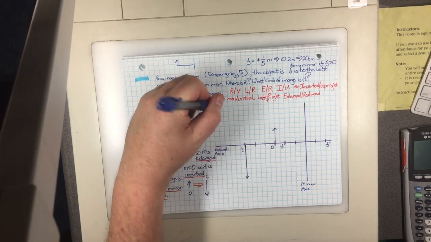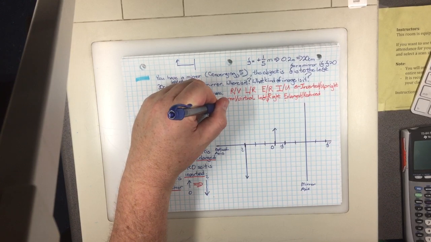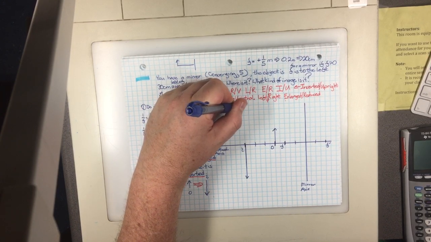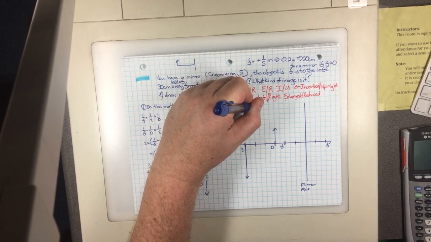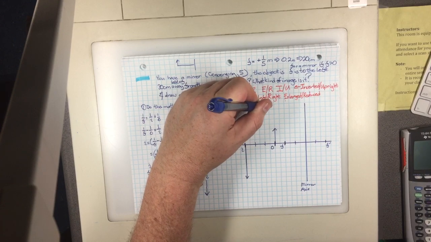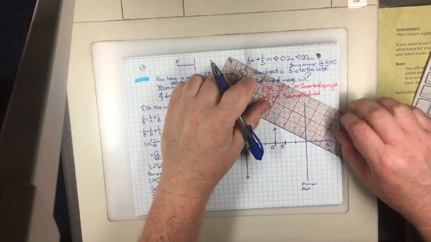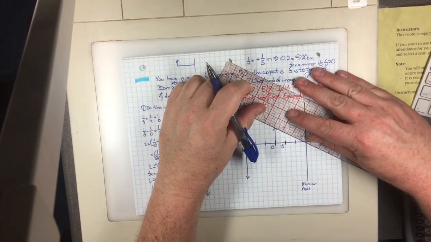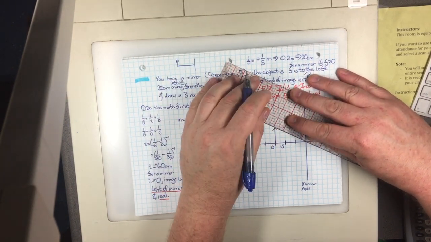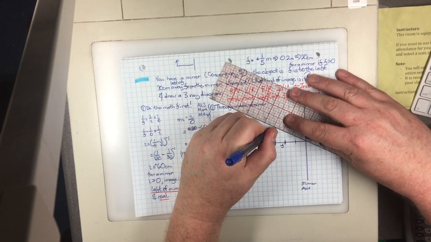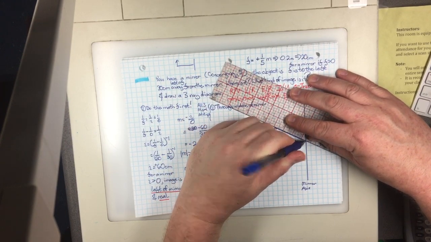The first ray is through the middle of the mirror. And the way that it looks like is you draw a line from the tip of the object to the center of the mirror.